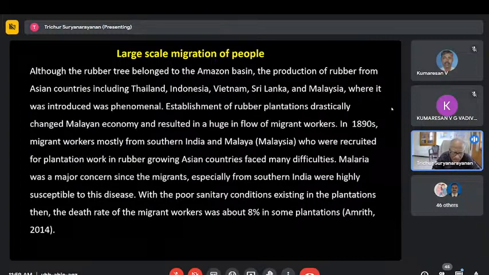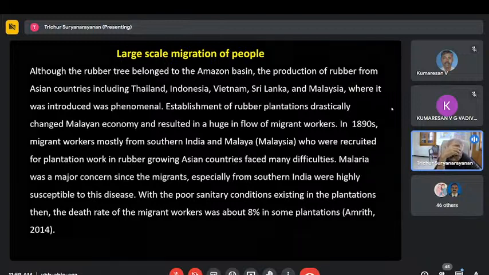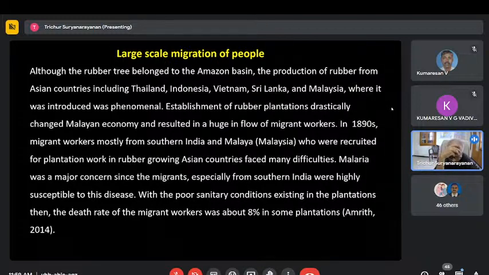So they were recruited for tapping rubber, but they also faced many difficulties because malaria was a major problem, especially in Malaysia. Well, malaria was a problem in southern India or even in Tamil Nadu too, but probably the strain was different.